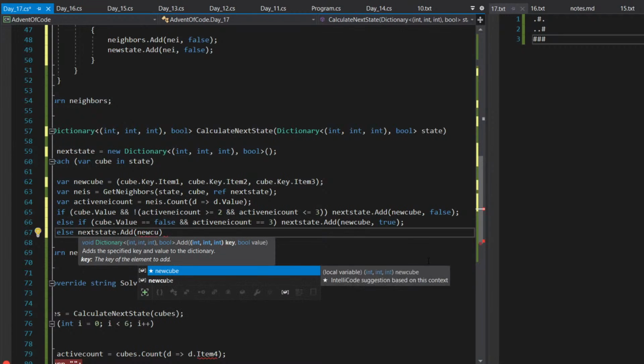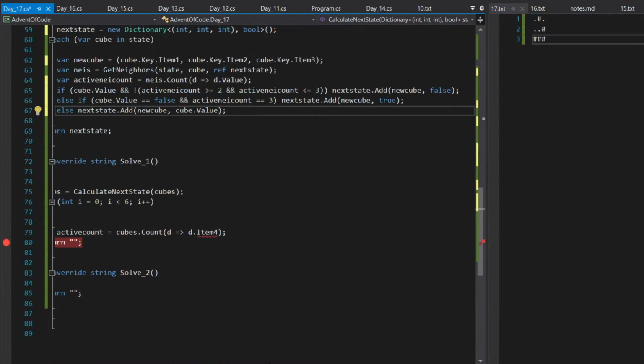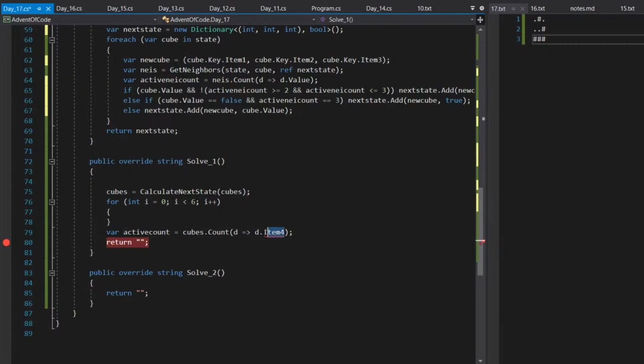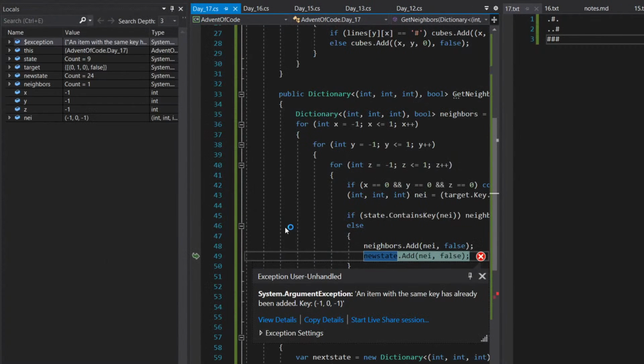Was I not adding the original cube? I'm pretty sure I was. Item with the same key has already been added.